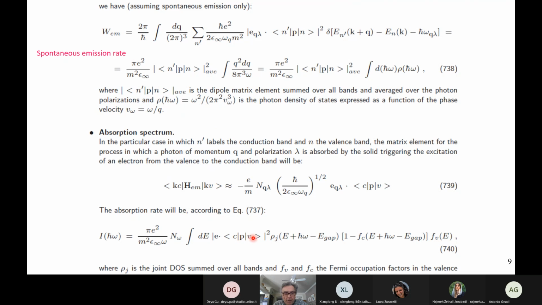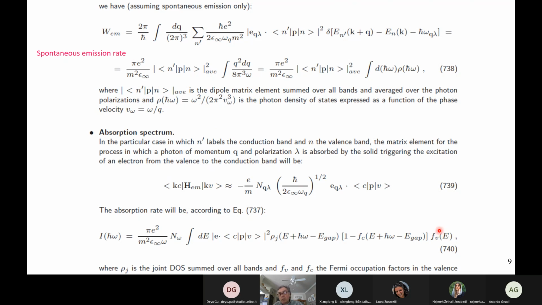Now n and n prime, I fixed explicitly the valence band as the initial state and the conduction band as the final state. You multiply by whatever is the polarization of light. If it's unpolarized, you just take the average over the two polarization states. For the joint density of states at a given photon frequency, the final states have to be empty. If the conduction band is fully empty, this is just 1, and the valence band has to be occupied because we want to absorb.